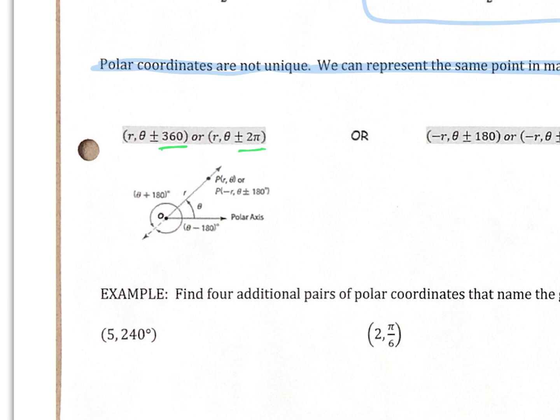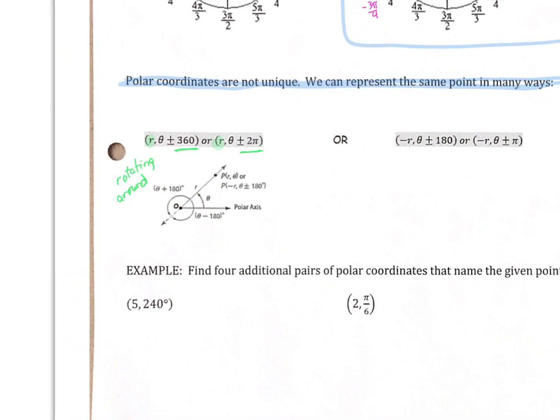So we're going to add or subtract 360, or what's equivalent to 360, and that's 2 pi. So that's just basically rotating around, right? So this formula tells us we're just rotating around another set of degrees. So what this is saying is that we are going to keep the R value the same. We're just going to add or subtract so that we're rotating around more one way or the other, okay?